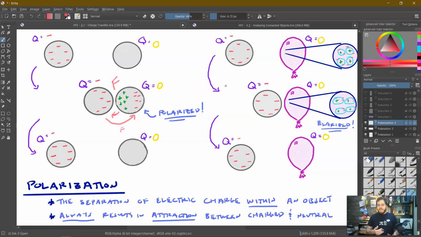Now the same thing can actually happen with an insulator. Now if I bring this negatively charged object near the balloon, now the molecules of the balloon, you've got your nuclei with the electrons going in little orbitals around them, but when we bring this negatively charged object nearby, well, the electrons can't move all the way to the other side of the balloon, but what they can do is we will actually get these stretching of the molecules, and they will actually form what are known as electric dipoles, where we get the positive nuclei on the left, closer to the negatives, and the electrons, while they don't go away, will stay on, for the most part, on the right side of the atoms, and this will still result in a net positive attraction.